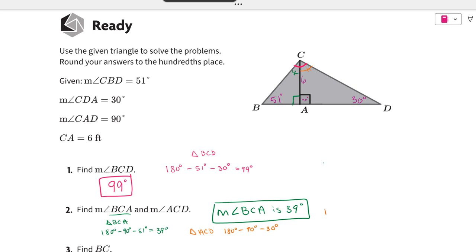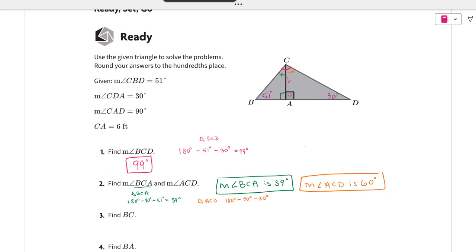So the measure of angle ACD is 60 degrees. Remember, we said that big angle BCD was 99. We could also have said, if we know BCA is 39 and the whole angle is 99, we can say 99 minus 39. That's another way to get that 60, and it does add up to the angle BCD, which is 99.